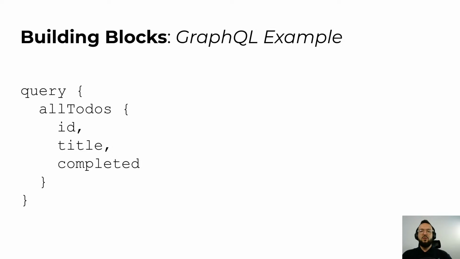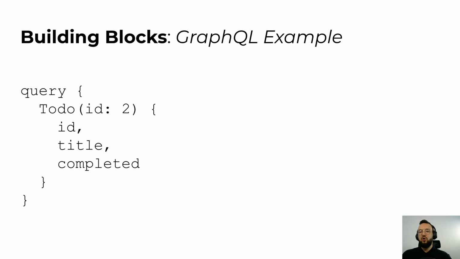In the query, you specify what you would like to fetch, and all those fields are listed here. Additionally, you name that query, so we are fetching all to-dos here without any filtering or pagination. By executing such a query over the GraphQL server, you will receive all to-do items from the backend.